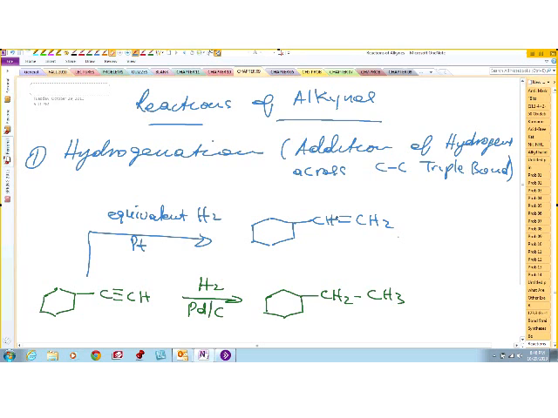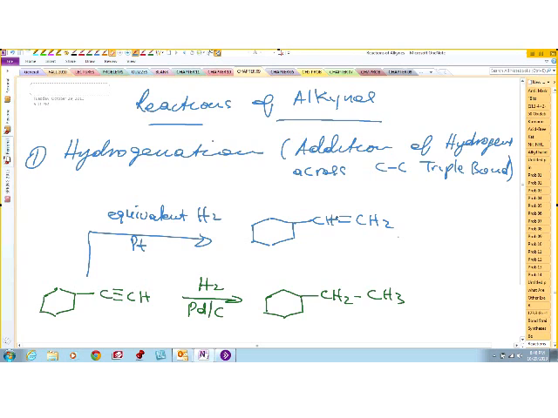If I just tell you that compound A reacts with hydrogen in the presence of a catalyst to give compound B, assume that all of the multiple bonds are gone. But if I tell you that compound A reacts with only one equivalent, what that could be telling you is that you only have one double bond in there, or that we converted the triple bond to a double bond.